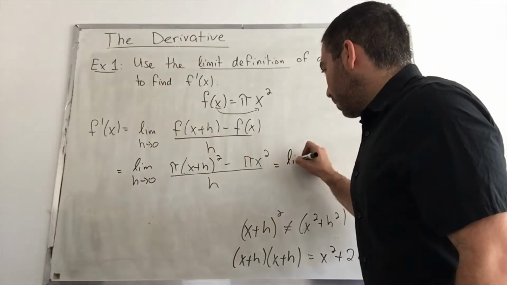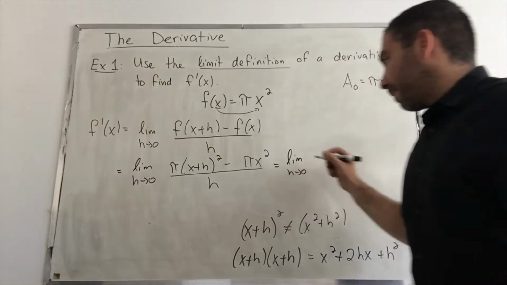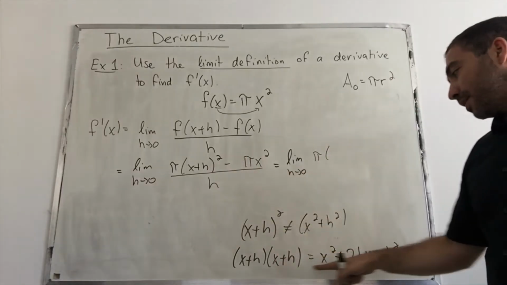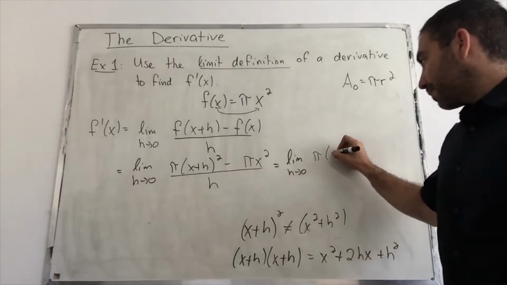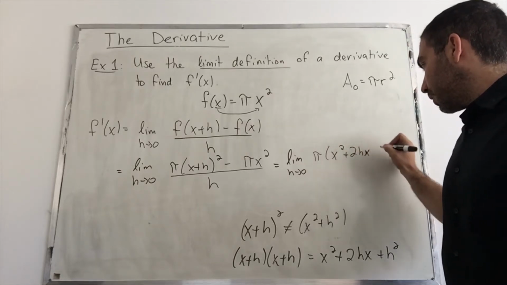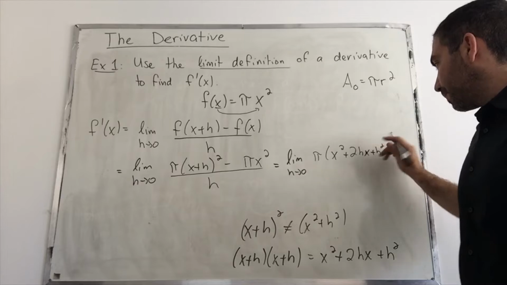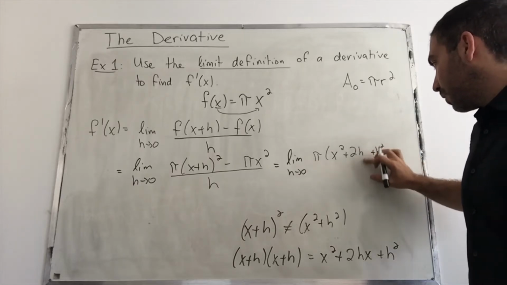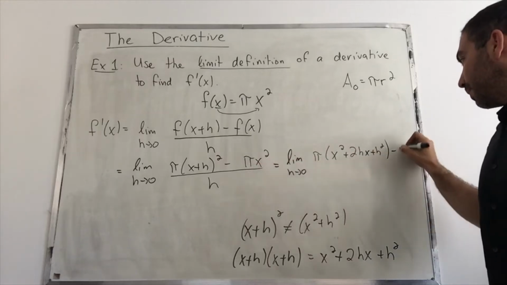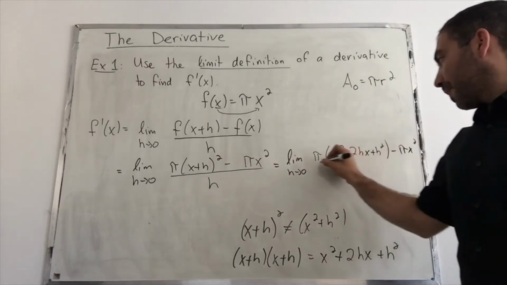Now we have the limit as h goes to 0. We have the pi in the front, (x plus h) squared, we expanded it down here, which gives us x squared plus 2hx plus h squared. Minus the pi x squared here. All this over h.